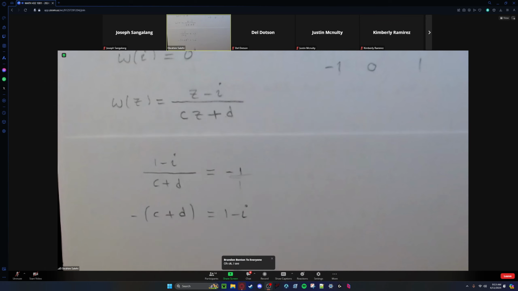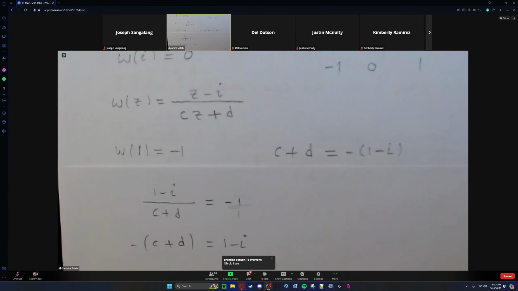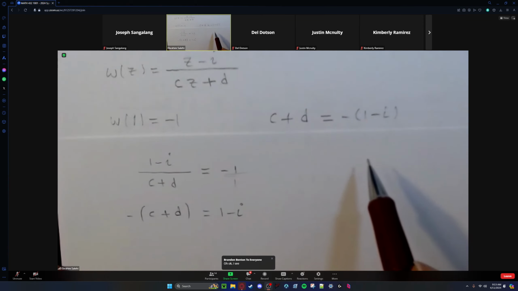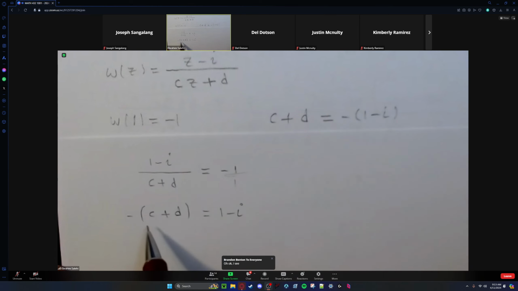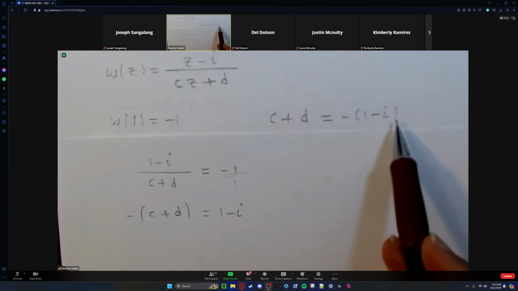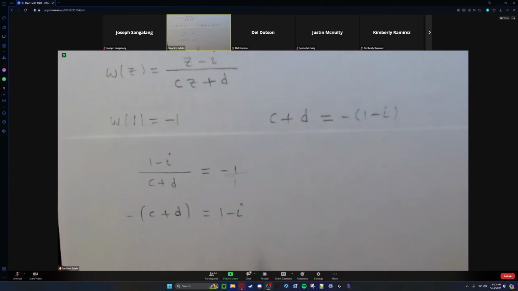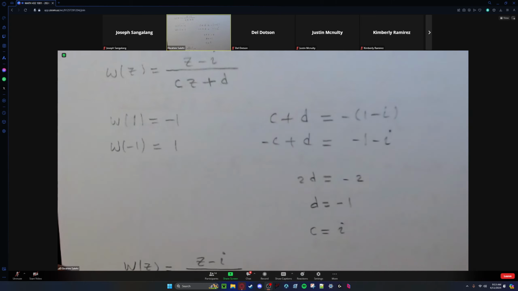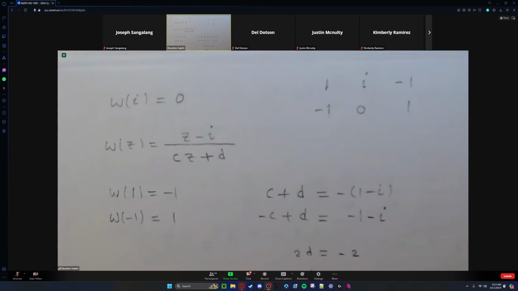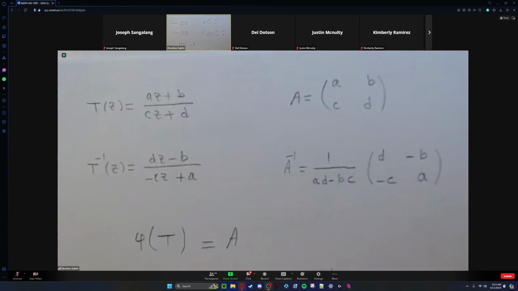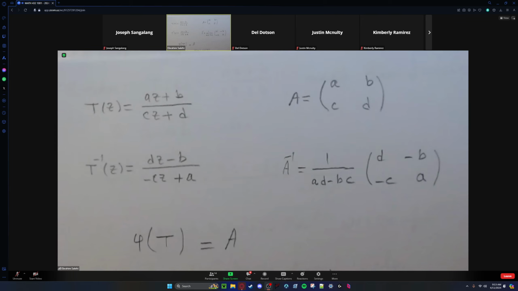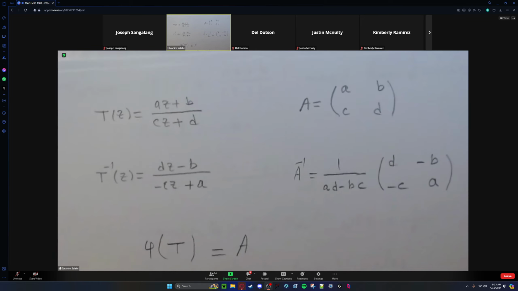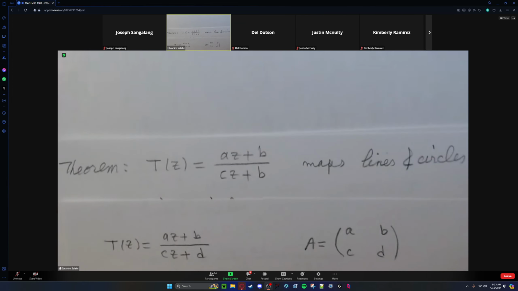Or C plus D is negative 1 minus i. Multiply both sides by i. All right? Good. Okay, let's see. Oh, I'm still going to talk about this linear fractional transformation.